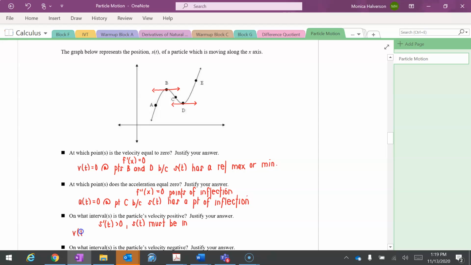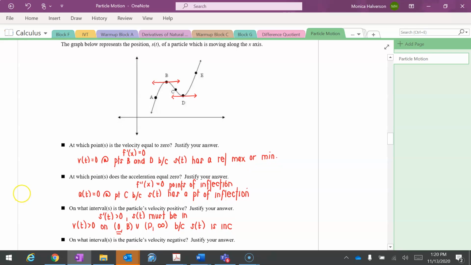So, the velocity is going to be greater than 0 on which intervals? Well, it's going to be from 0 to b and from d to positive infinity, because our original function is increasing. And remember, we start at 0 and not negative infinity, because the smallest time is going to be 0.